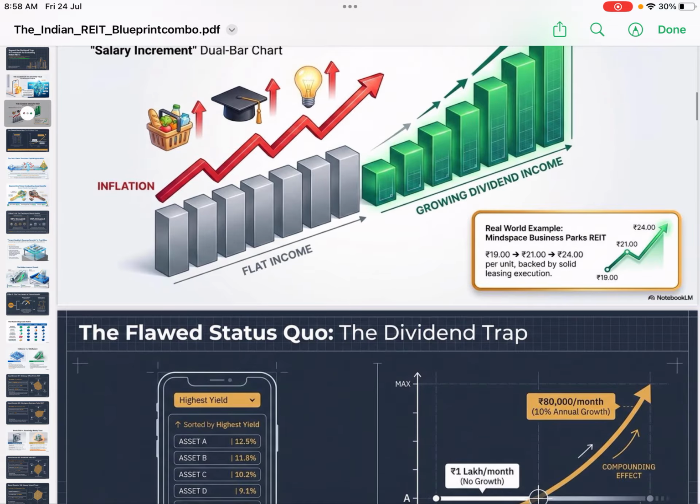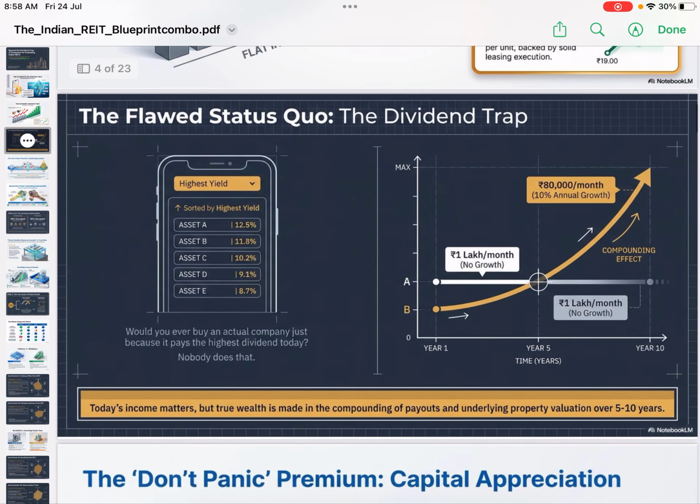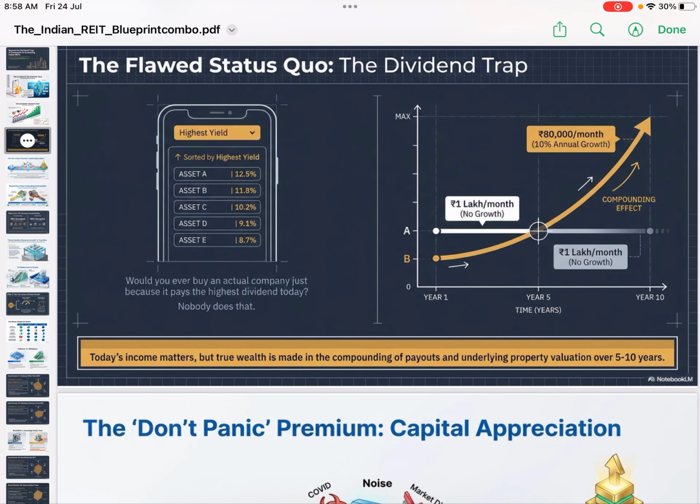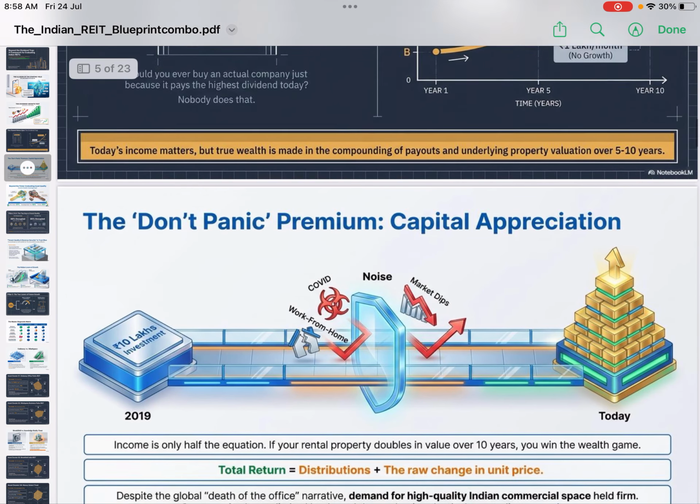Okay, now I will give you an example of the two keys. Investing in REITs is not just buying a stock or a ticker, right? You are buying a real building with real tenants. So imagine someone puts two keys on the table.